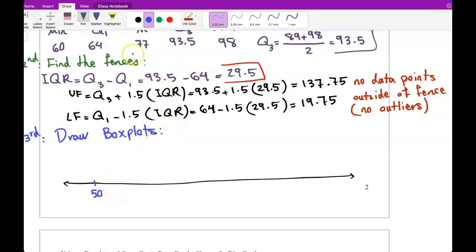Okay, based on numbers that we have here, I'm choosing these on number line. So we have 50, 60, 70, 80, 90, 100.